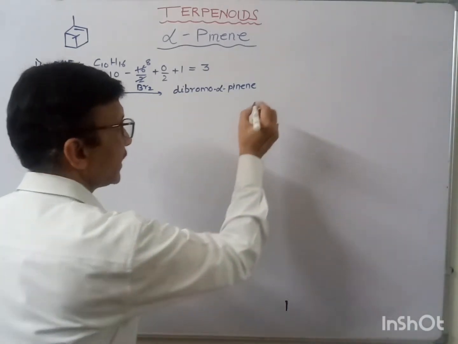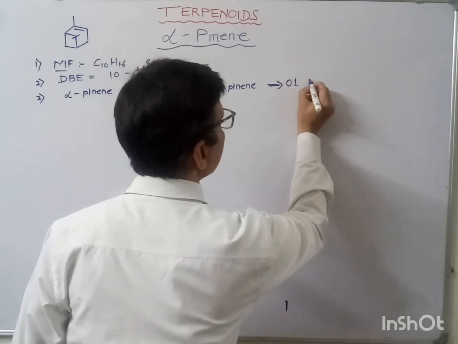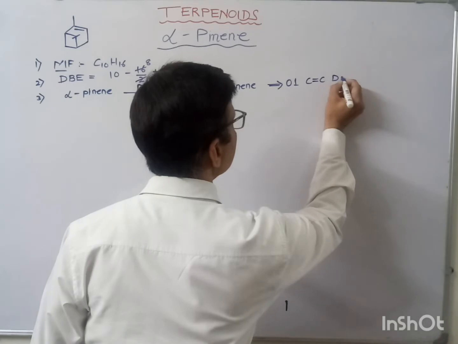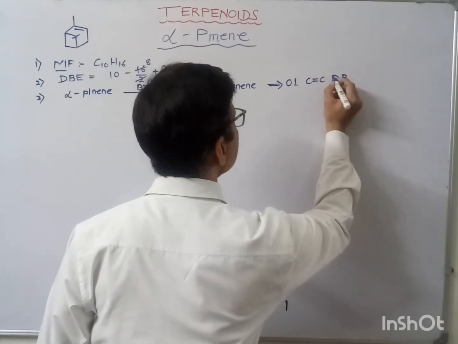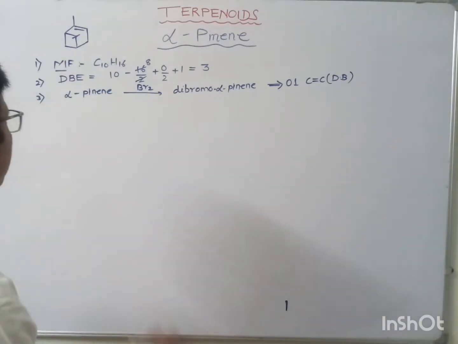So what does it indicate? It indicates one carbon-carbon double bond, C double bond C, that is one double bond.